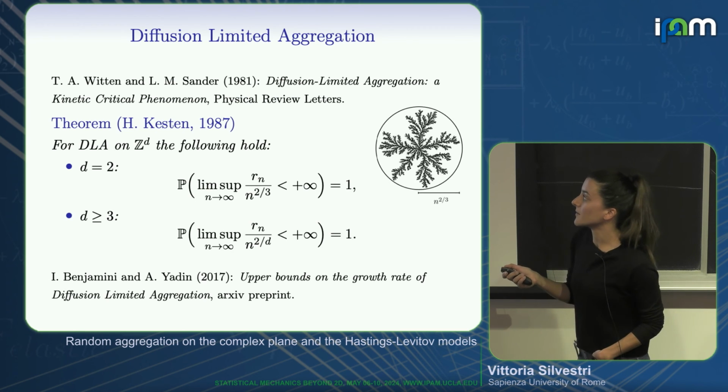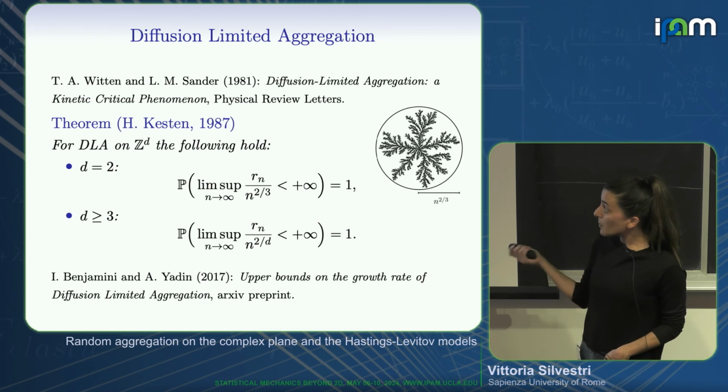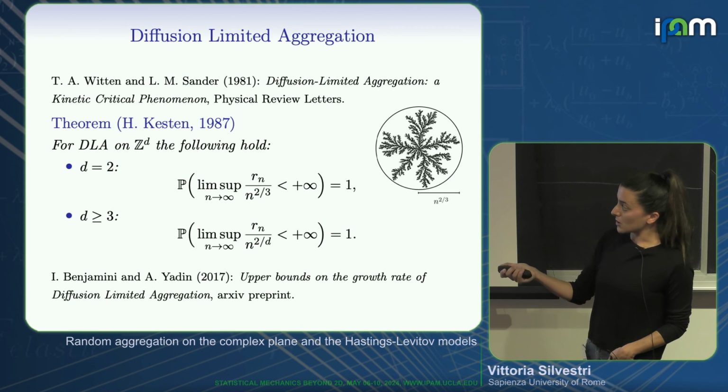Almost the only result which is available on DLA dates back to 1987. It's due to Kesten, and it's an upper bound for the speed of growth, depending on the dimension.